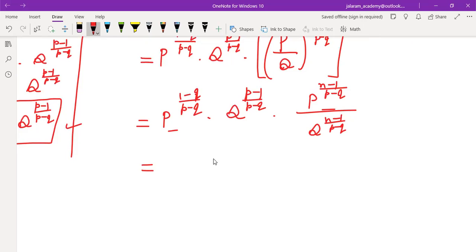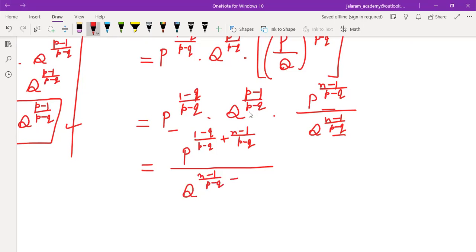There are two terms of P, so we will add their powers as they are in multiplication, both in the numerator: 1 minus q over p minus q plus n minus 1 over p minus q, and in the denominator Q to the power n minus 1 upon p minus q is already there. We will bring this power of Q in the denominator, which is p minus 1 upon p minus q, so it will be subtracted.